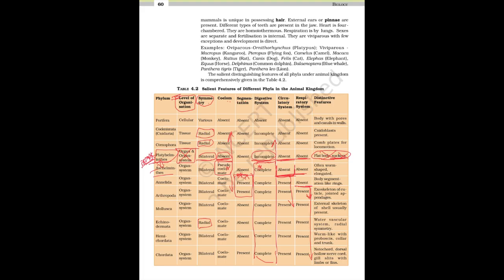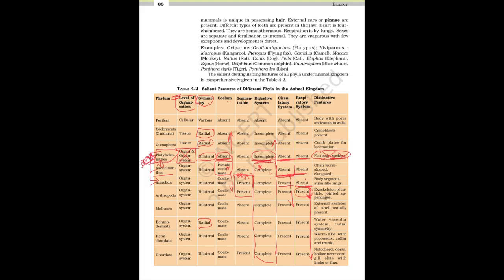So from Platyhelminthes to Annelida, you can see slowly the organ systems are increasing. Platyhelminthes digestive system incomplete, then Aschelminthes complete. After that, complete. Then circulatory system was absent in Aschelminthes and above, and in Annelida it came. Then respiratory system absent, and then present in Arthropoda.